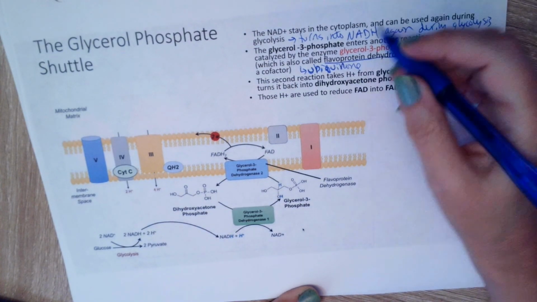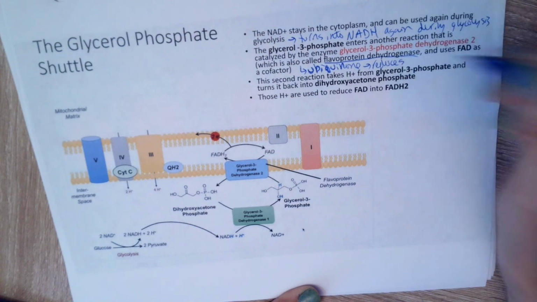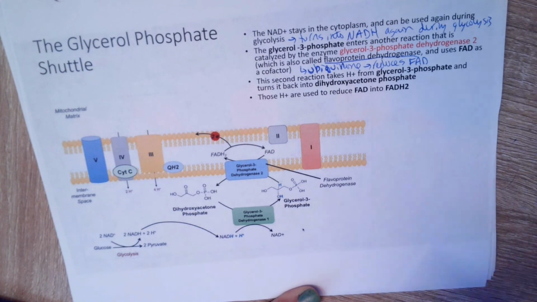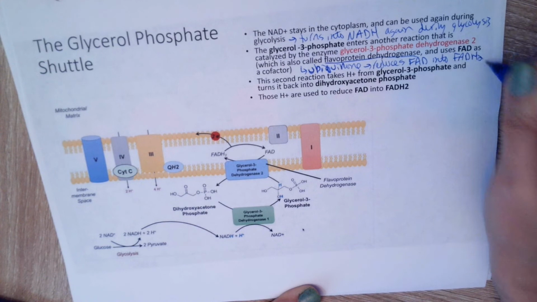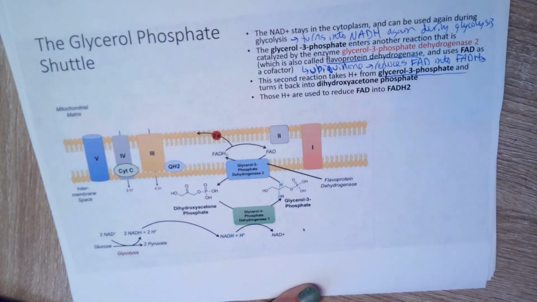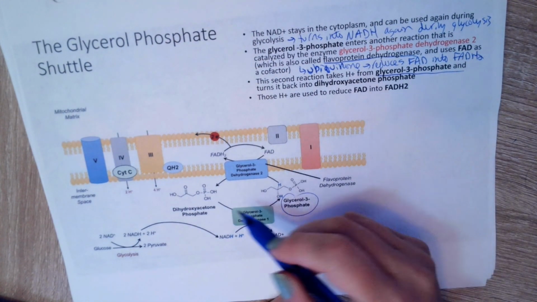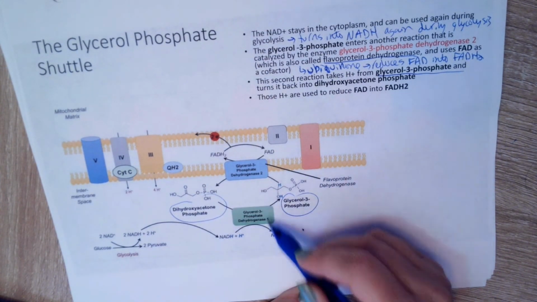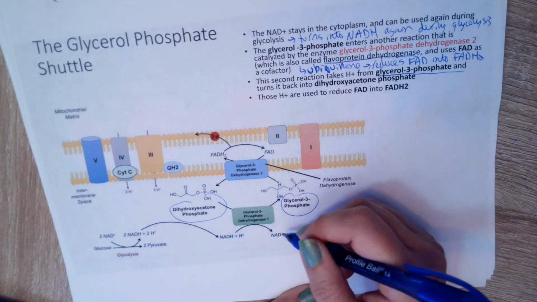But the ubiquinone is then going to reduce FAD. It says it uses it as a cofactor. We're reducing the FAD into FADH2. Now, one thing we didn't mention in the previous slide is that glycerol 3-phosphate is how we're carrying those electrons, but we need dihydroxyacetone phosphate in order to create the glycerol 3-phosphate while taking the electrons off of NADH.